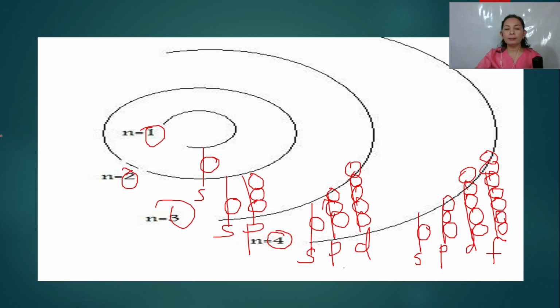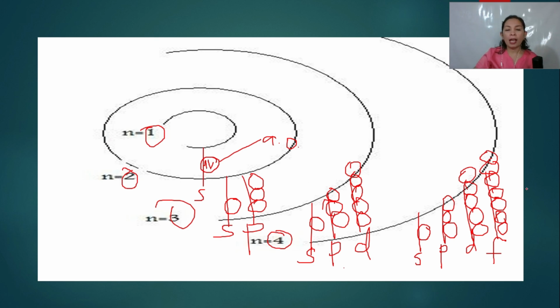Since this is already an atomic orbital, we can now determine the maximum electrons that can occupy a given orbital. What do you think? We only have 2 electrons, and the 2 electrons have opposite spin, the clockwise and the counterclockwise.